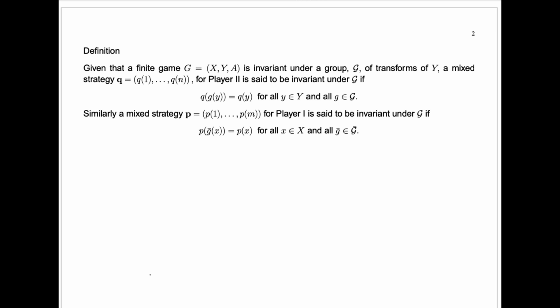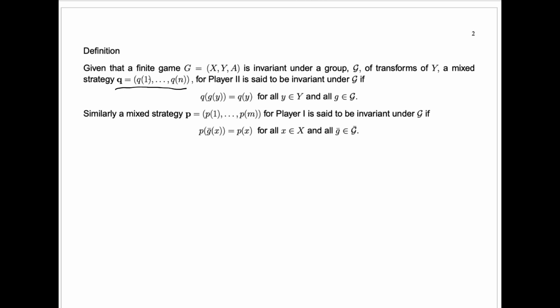Well, the idea is if the game behaves the same, then there should be strategies which treat these elements the same. And to make that more formal, we'll define what it means for a strategy, say a strategy Q for player 2, to be invariant under transformations.